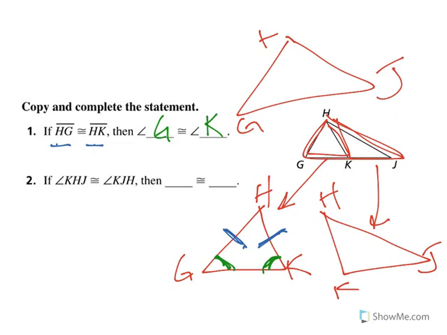Similarly, down here we have if angle KHJ, so this angle right here, is congruent to KJH, okay, so that means that angle right there, because remember, the vertex would be the actual angle there. So if these two angles are congruent, then the two sides that are congruent, not the one in between, but the other two sides, would be congruent.